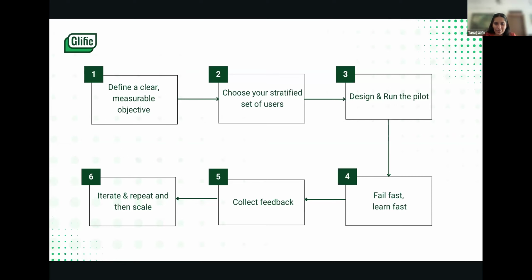And to speak to them, you need to be able to reach them easily. So it's recommended that you pick users who are equally distributed amongst your different metrics, which could be demographics, age group, or region, but also account for whether you can reach out to them easily for feedback.